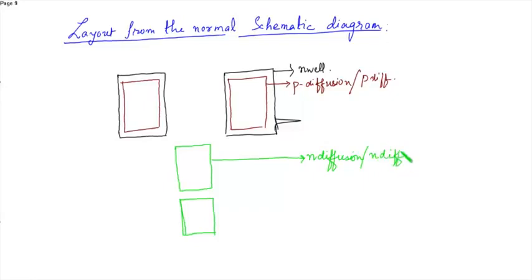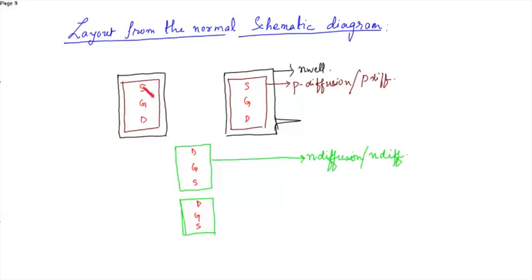Now let's name the terminals. This is the source, this is the drain, this is the gate. Similarly, source, gate and drain. This is drain, gate, source, drain, gate, source.